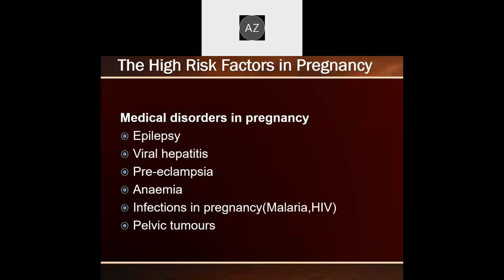And then we have medical disorders such as epilepsy, viral hepatitis, preeclampsia, anemia, infections in pregnancy, and pelvic tumors. For example, anti-epileptic medications such as phenytoin: if you think of it, it depletes folic acid from the body reservoirs. And then you think about vitamin D depletion and then teratogenic effect.